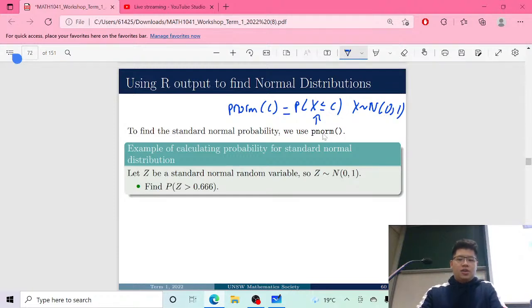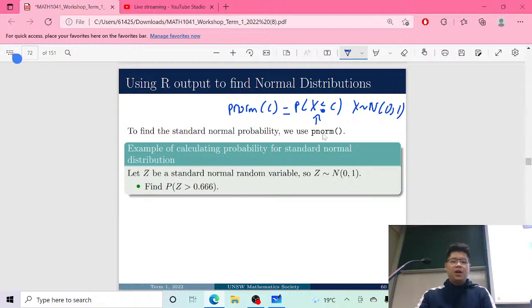So this is what the p-norm command in R does. It tells you the probability of X less than or equal to c. Less than or equal to or less than doesn't matter here, it's the same thing.